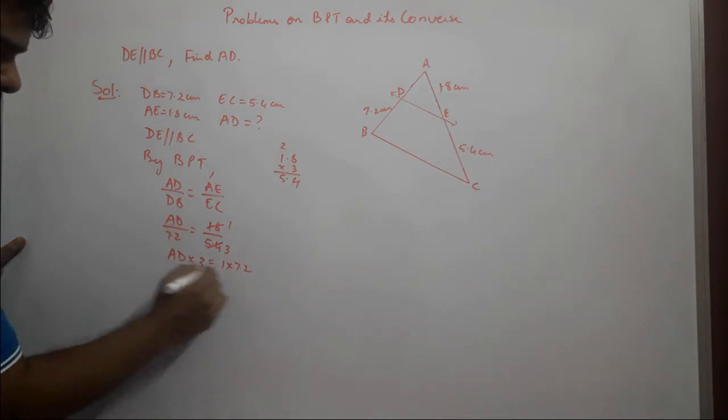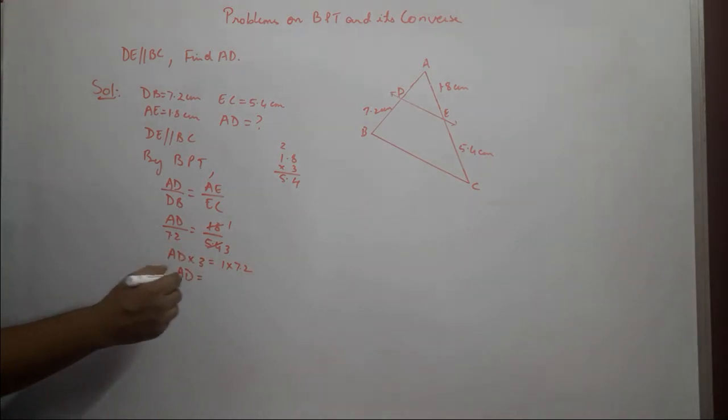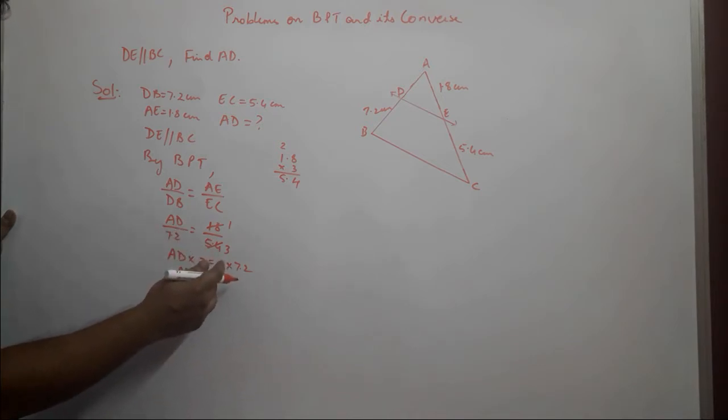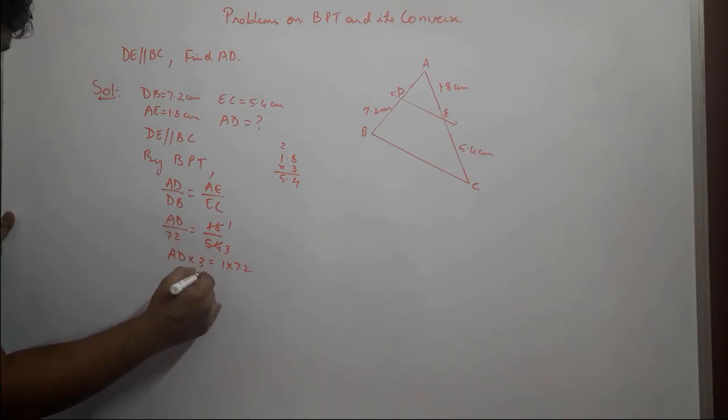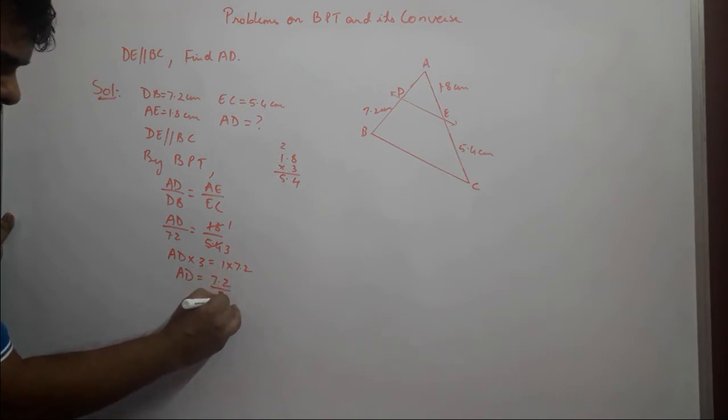This is just an additional step for you to know and learn how cross multiplication is done and how we get the next step. So 1 into 7.2 is 7.2 upon 3.